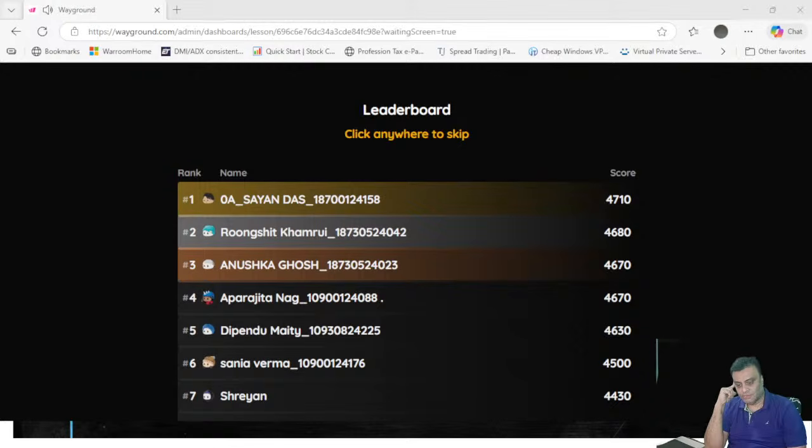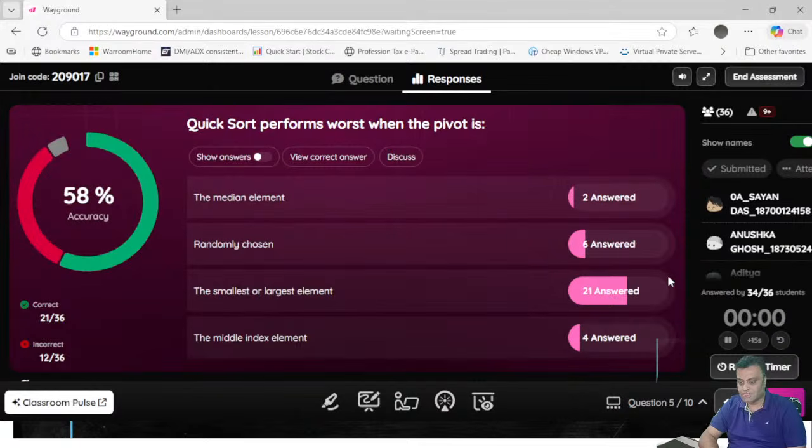Okay, same set of 3 people, but the problem is that I see a lot of wrong answers. It cannot be randomly chosen. It says performs worst. It doesn't say that performs anything. Performs anything means randomly chosen, right? But if it performs worst, it is when your pivot is either at the left end or at the right end, which means what?